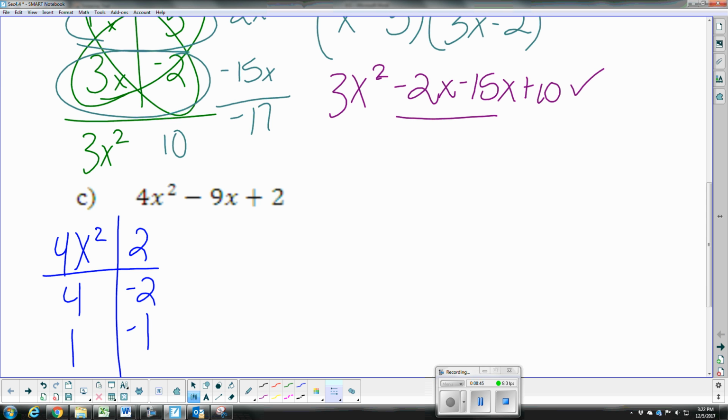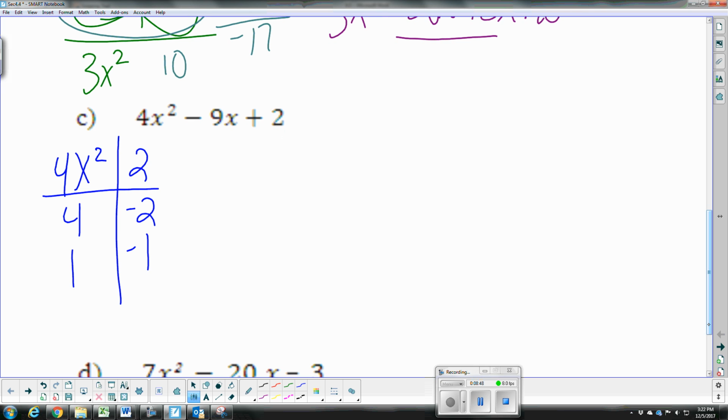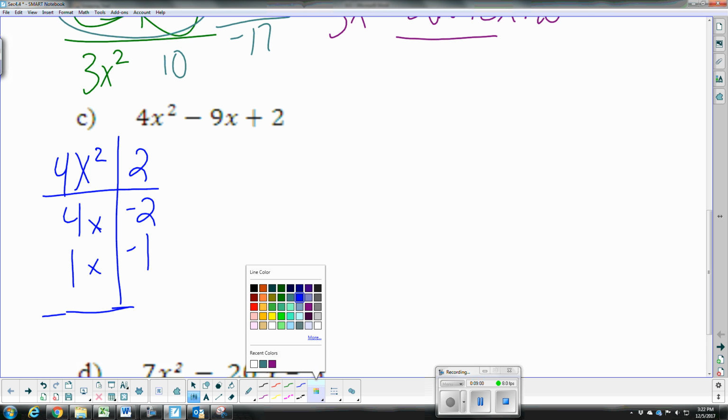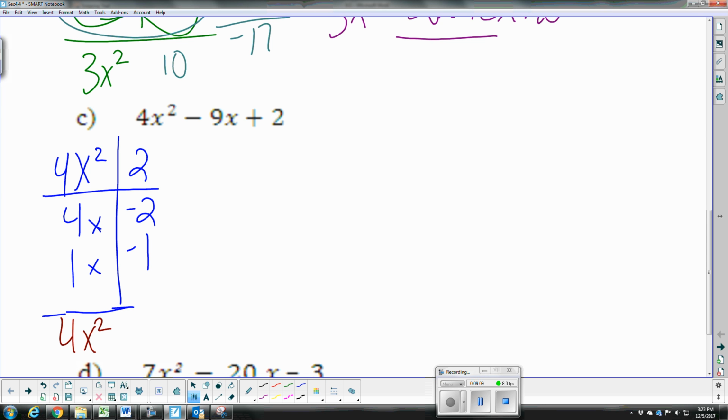and I want those to add up to negative 9. Okay, so 4x times 1x is 4x squared. Negative 2 times negative 1 is 2. 4x times negative 1 is negative 4x.